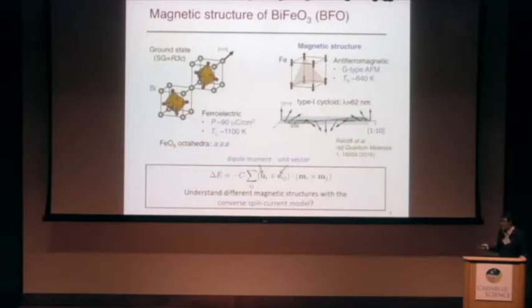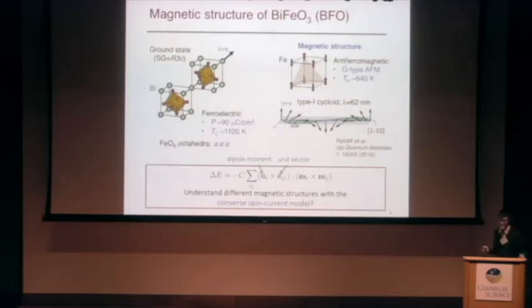Because of this cross product between Mi and Mj, this term favors a non-collinear spin order. C is the coupling strength, Ui is the electric dipole moment at position i, and Eij is a unit vector connecting positions i and j.